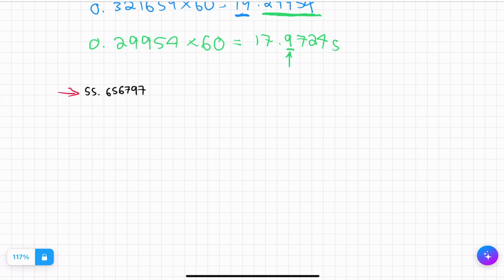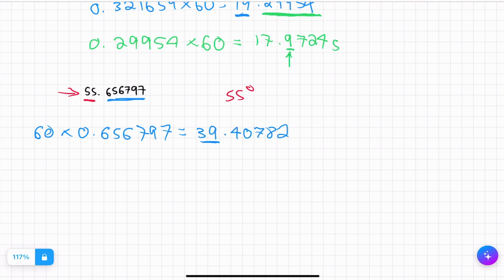The first thing you should have noticed is that we have 55 degrees. And then you should have multiplied this decimal by 60 to get our minutes. And when you do that, you end up getting 39.40782. So we have 39 minutes. And then we multiply all of this by 60 to get our seconds.